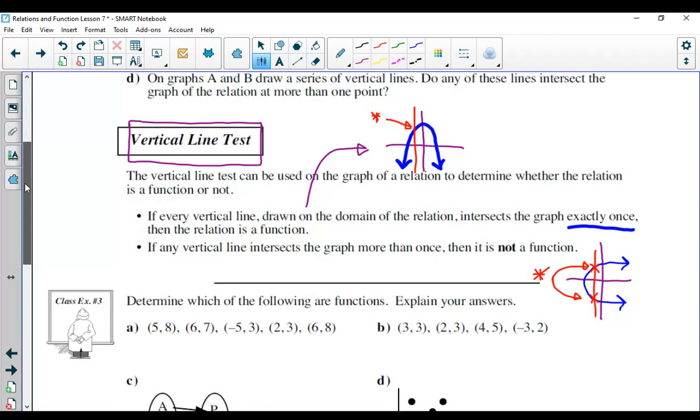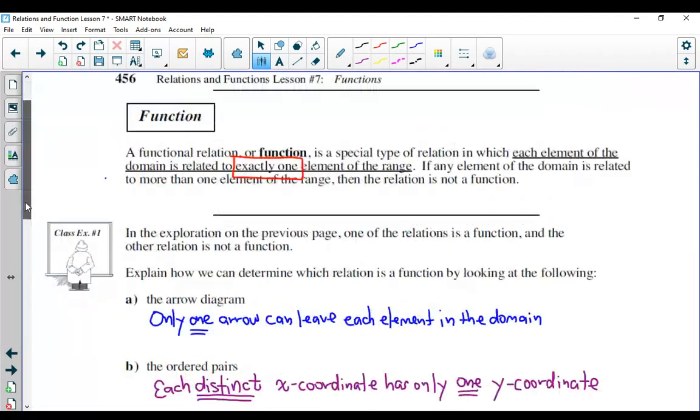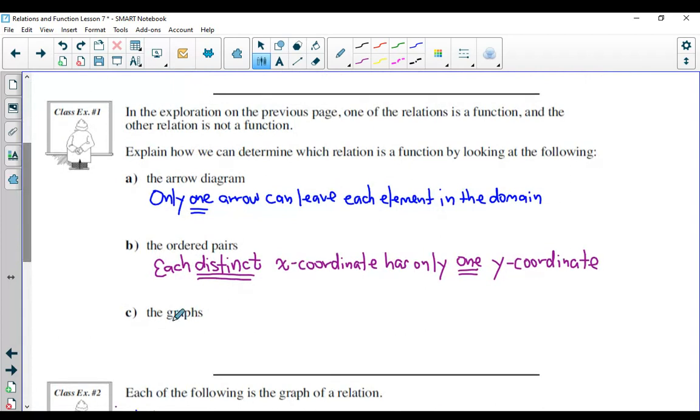All right, so let's go all the way over to example number 3 now, and let's try to identify whether these are functions or not, based on either the vertical line test or the rules that we identified in the previous page. For A and B, we have coordinates. Let's go back to our rule for what the coordinates are in terms of identifying a function. For graphs here, we should fill this in. How can we determine if it's a function or not?